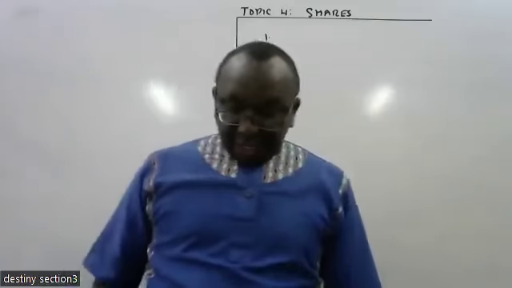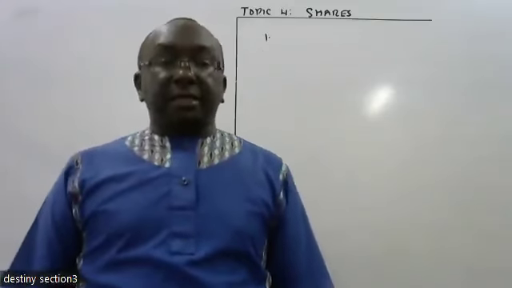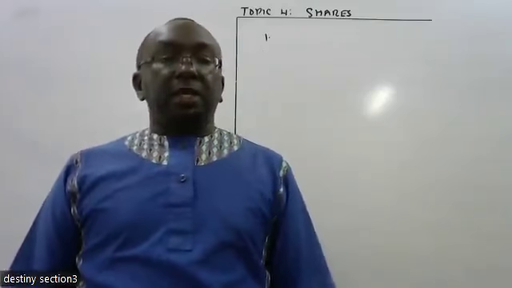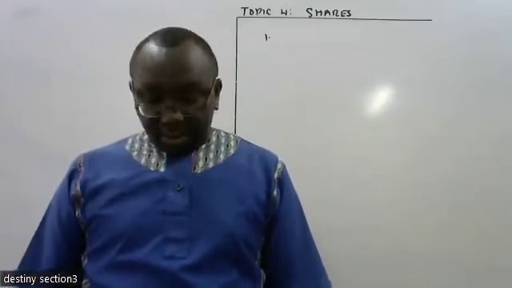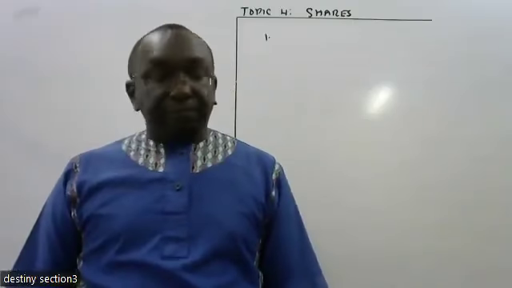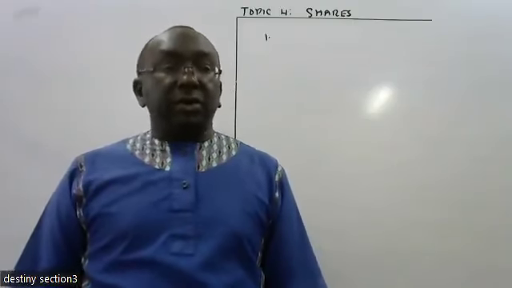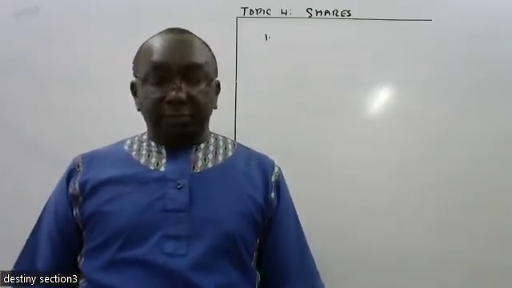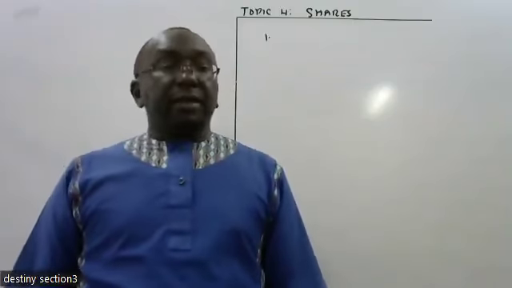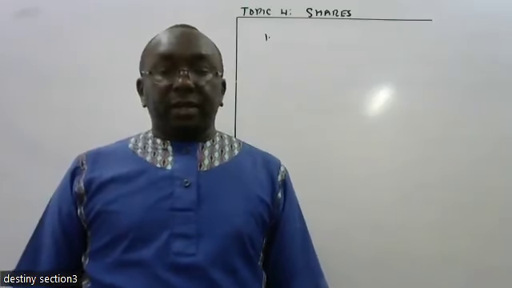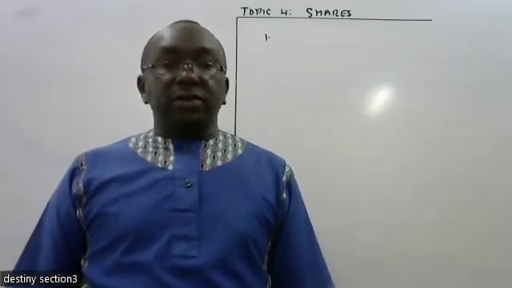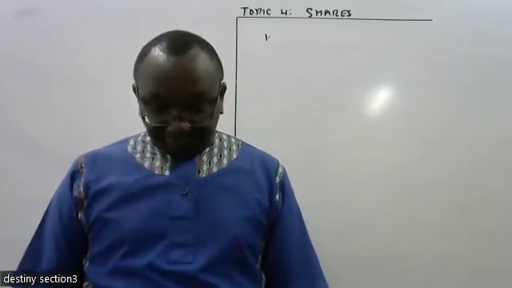Another one is inspect register of members, comma, debenture holders, and annual returns.